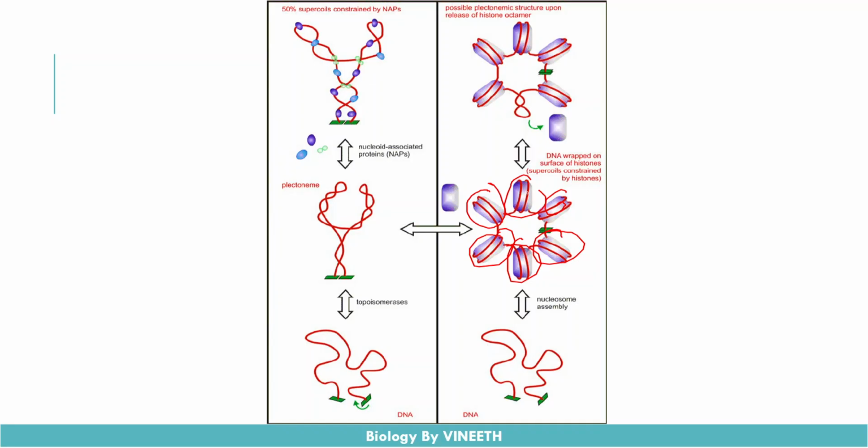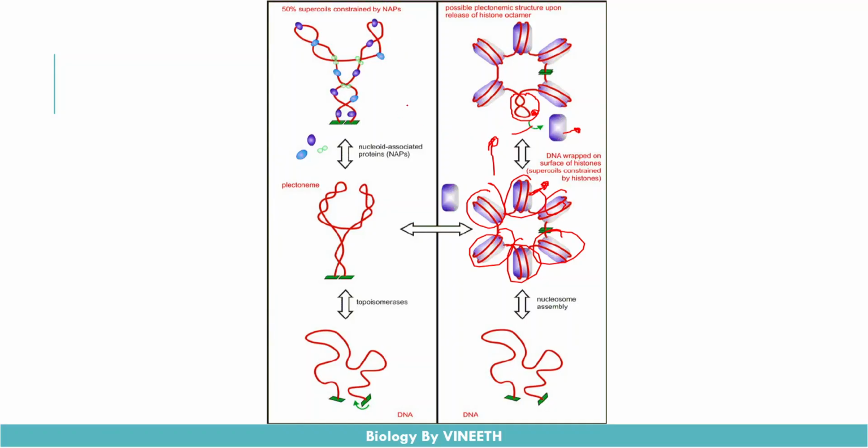Whenever you remove the nucleosome core particle, where the DNA is wrapped around the core, the free DNA between the two nucleosome cores now adopts the plectonemic structure. So this nucleosomal or histone core removal converts the solenoidal form of DNA into a plectonemic structure.